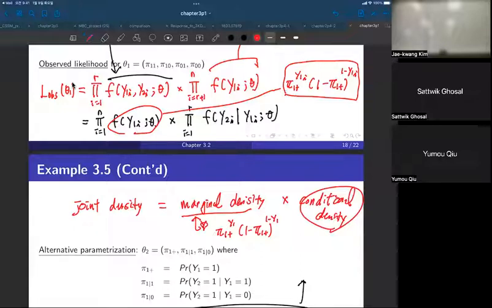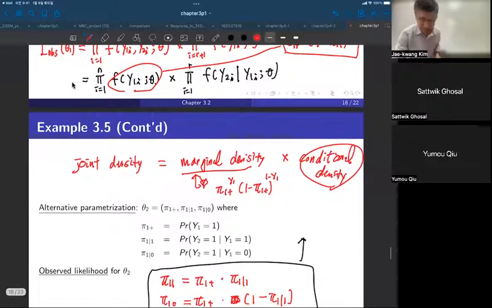We separate them because the y1 equal to 1 case only matters with pi1 given 1, and the y1 equal to 0 case only matters with the pi1 given 0 parameter.